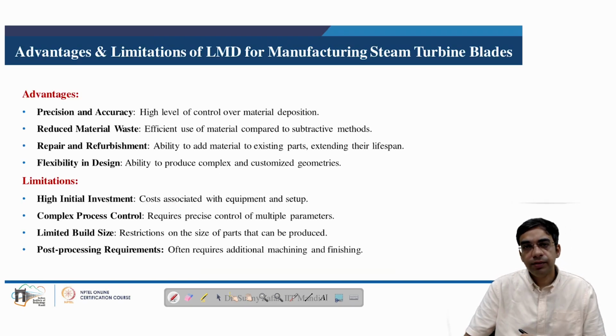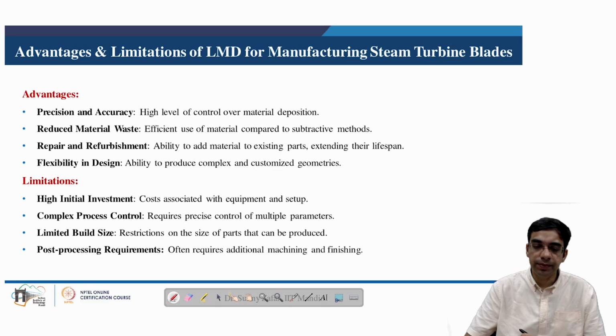Now we can summarize the various advantages and limitations of laser metal deposition for manufacturing of steam turbine blades. In this regard, the advantages of this process include precision and accuracy, which gives a high level of control over material deposition, and reduced material waste because the process uses material efficiently compared to other subtractive methods.